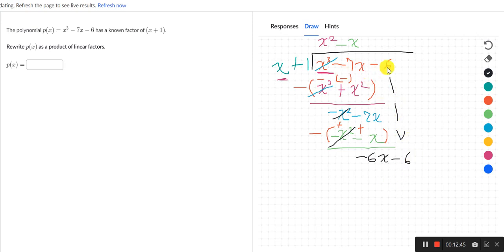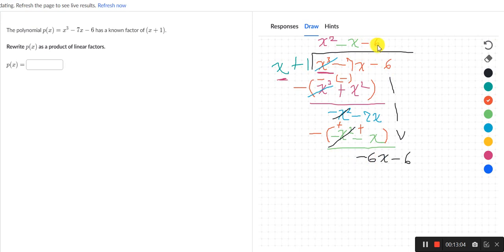And you also need to do this again. Let's do this again. Now we have a negative number again, so let's go ahead with a negative number. To get negative 6x, you just need to multiply by negative 6.